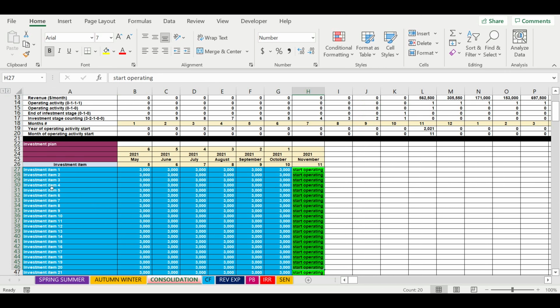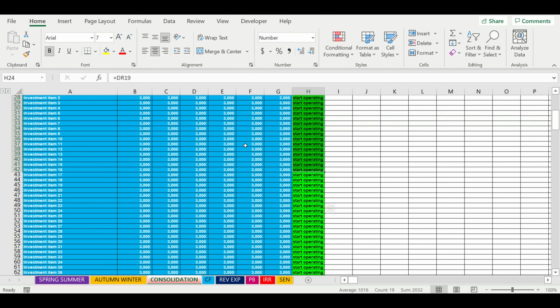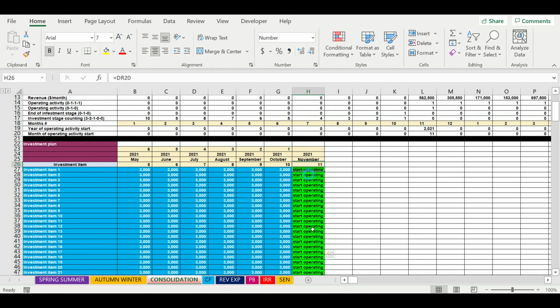So here we just name investment items. Here we specify how much money we invest in this or that investment item before we start operating activity. So this is the moment when we start, and before this moment we specify the expenses during the investment stage.